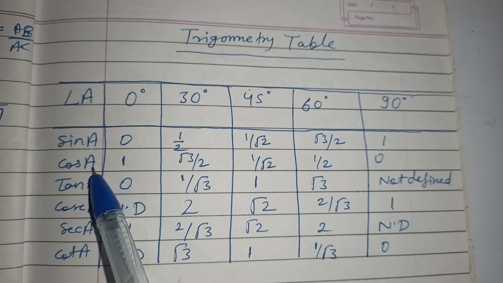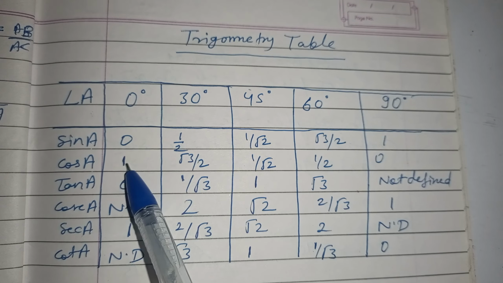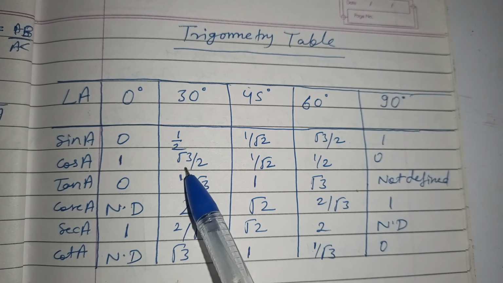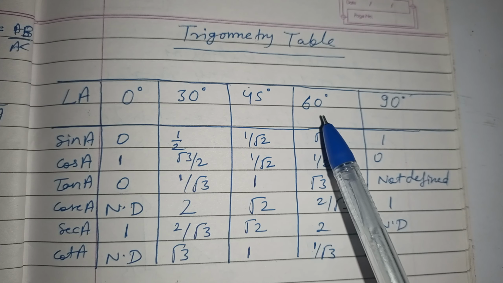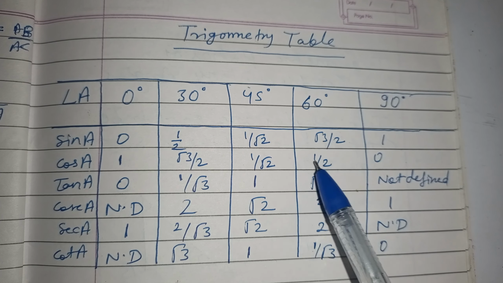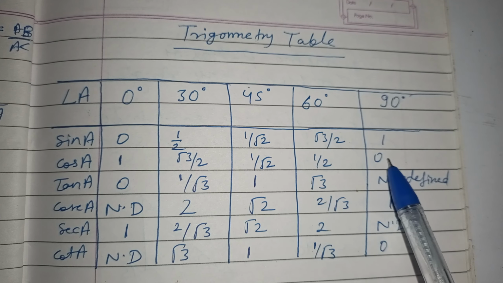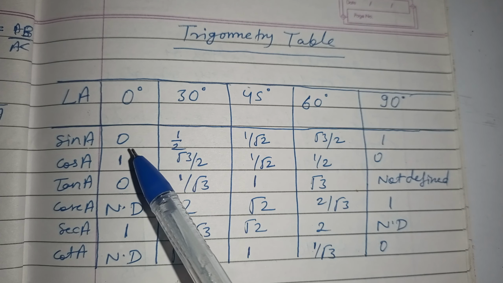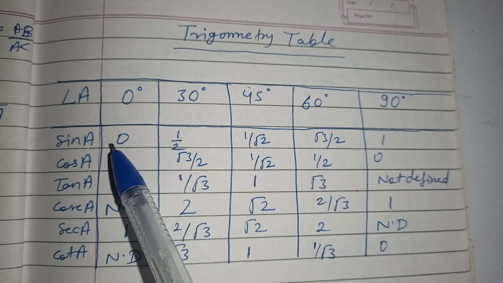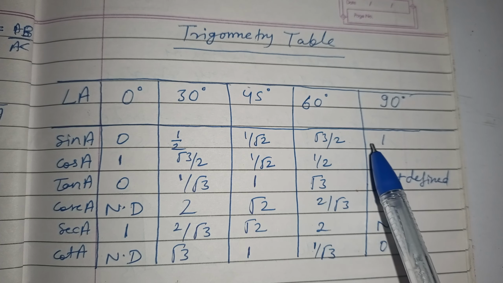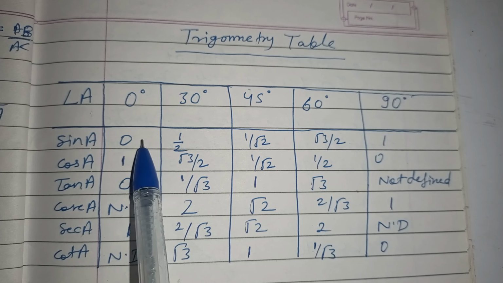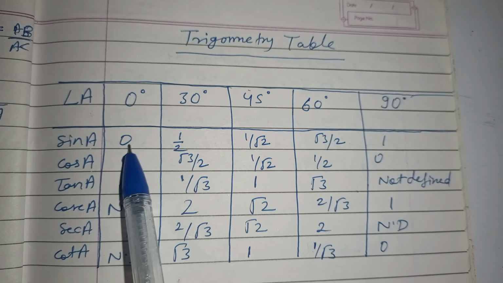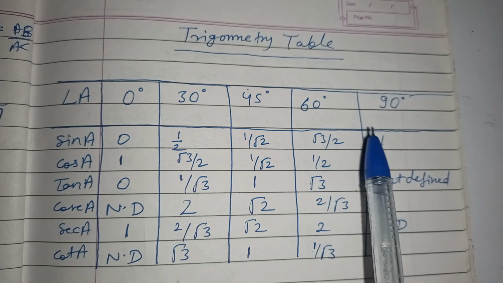If we talk about cos A, cos 0 will be 1, cos 30 degree will be root 3 by 2, cos 45 will be 1 by root 2, cos 60 will be 1 by 2, and cos 90 will be 0. So if you want to learn this trigonometric table, you just have to learn the first line: 0, 1 by 2, 1 by root 2, root 3 by 2, 1.